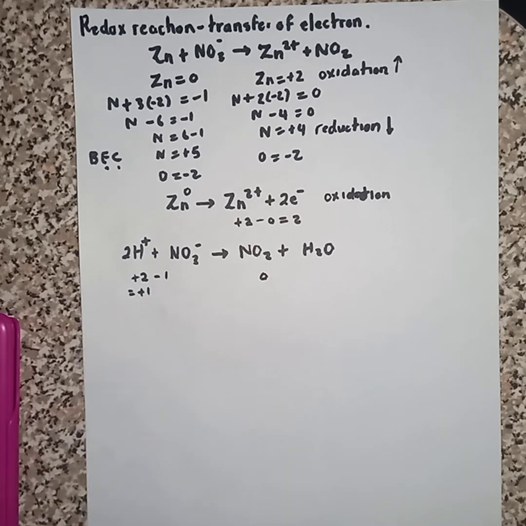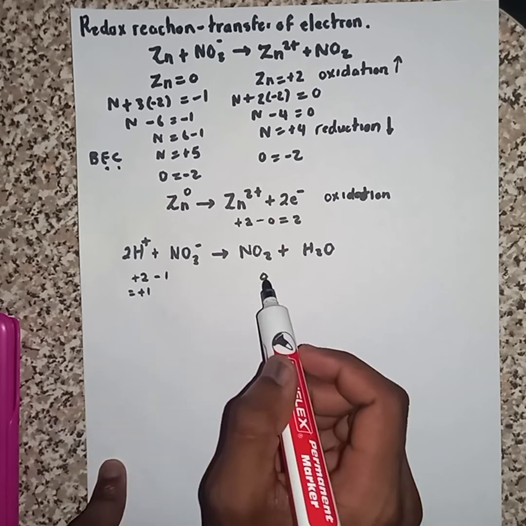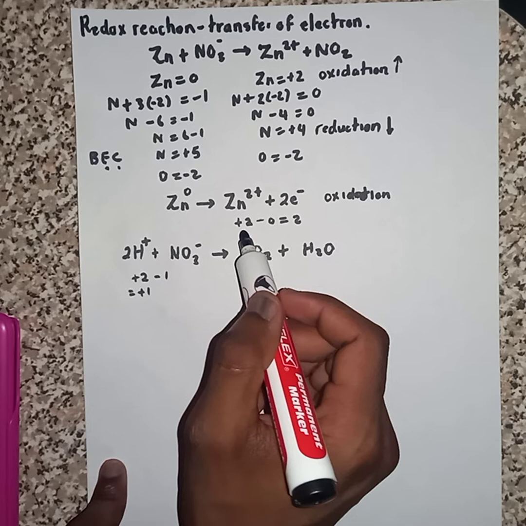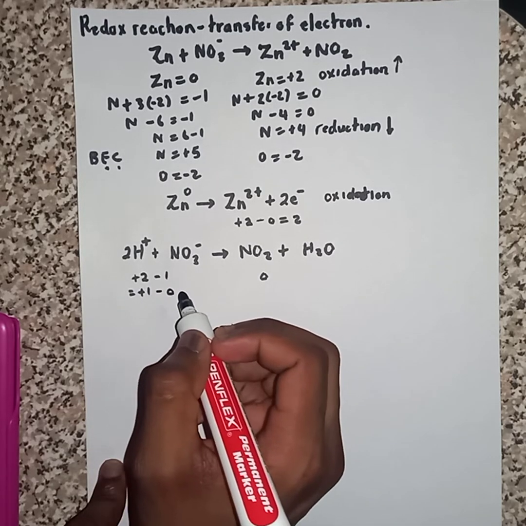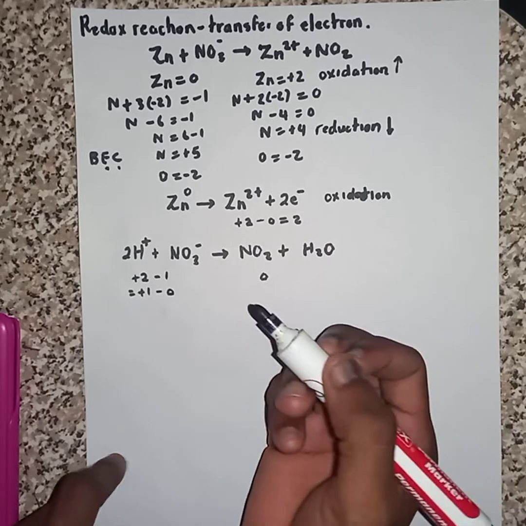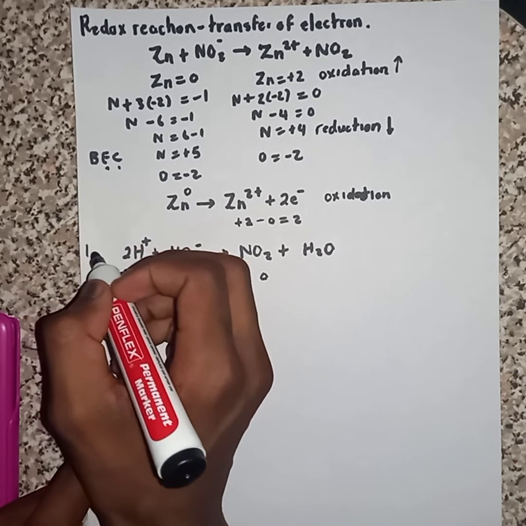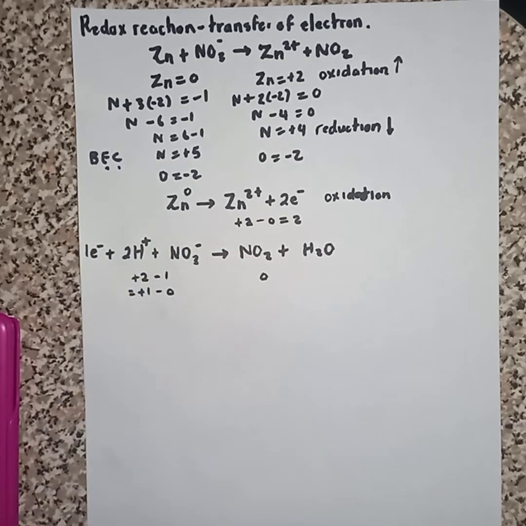It's so simple. Again, you go to your overall, which is +1, and subtract that number. 1 minus 0, we are going to get +1. Then that +1, you write it here, +1 electron, on your left hand side.